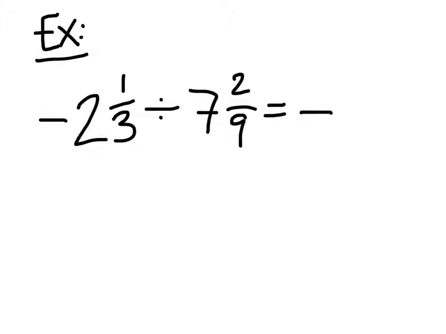Listen, you can't do this with mixed numbers. You must turn mixed numbers into improper fractions. So this first one, I'm going to ignore the negative because I know my answer is negative. I got 2 and a third, 2 times 3, 6 plus 1 is 7/3.